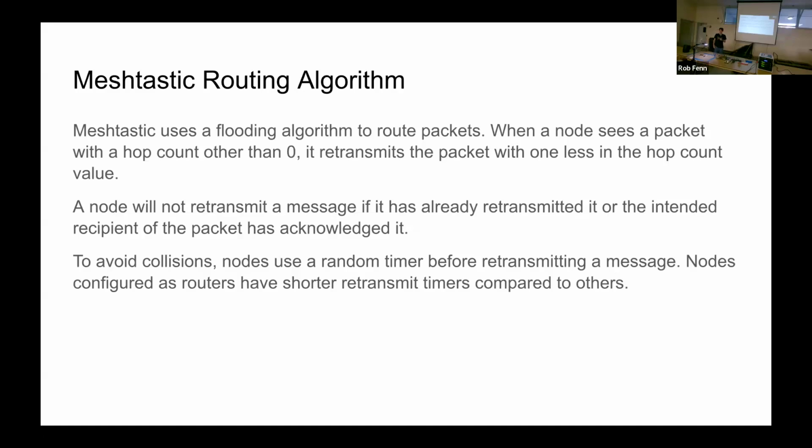I have a related question. What happens if two routers, or repeaters, retransmit the same thing and then it shows up at the destination twice? It doesn't. It has an ID for the packet, so it'll just cancel itself out. The receiver ignores the second one.